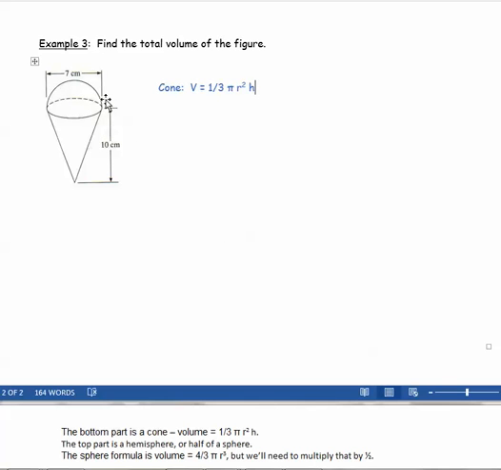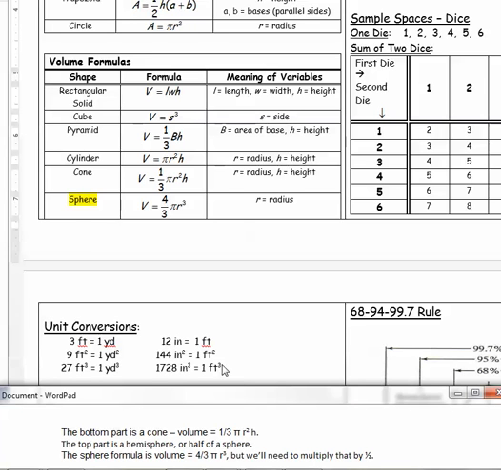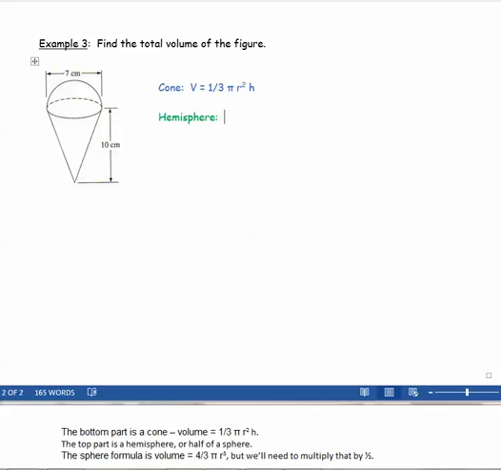The top part is a hemisphere, or half of a sphere. The sphere formula is volume equals 4/3 pi r cubed, but since it's a hemisphere, we'll have to multiply that by a half.